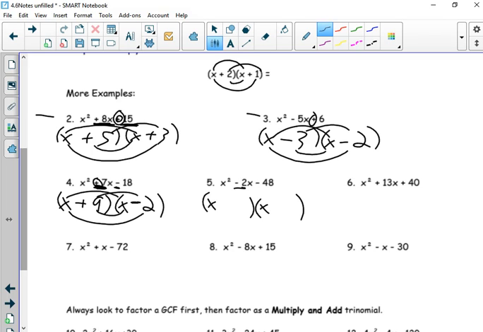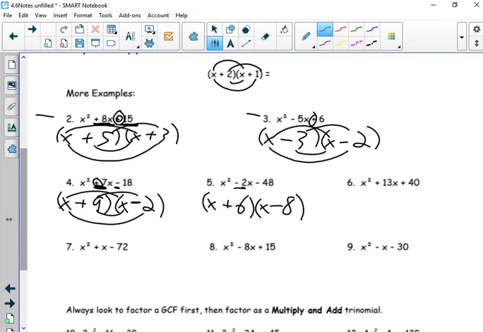And find two numbers that multiply to give me 48 that differ by 2. So they're going to be really close together. 6 and 8. Now, since I want negative 2 left over, which number should be negative? The 8. And this should be positive.